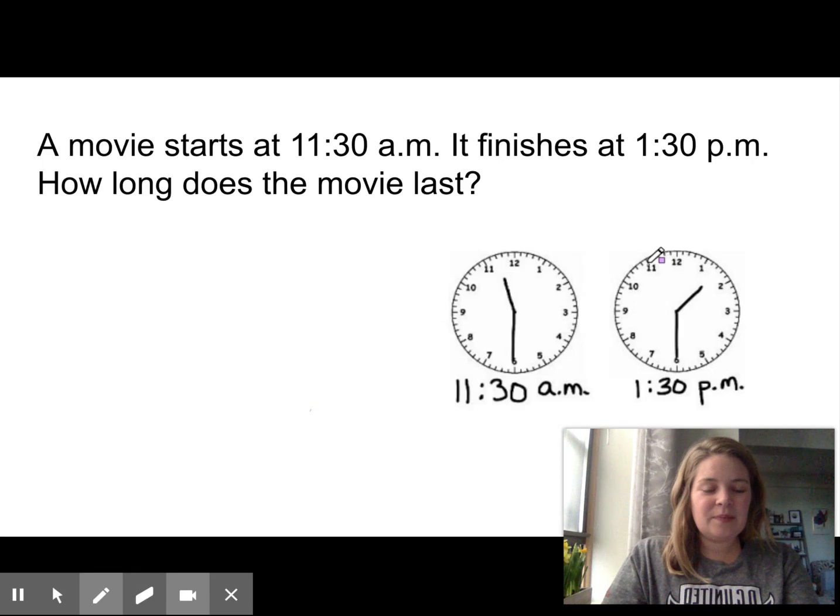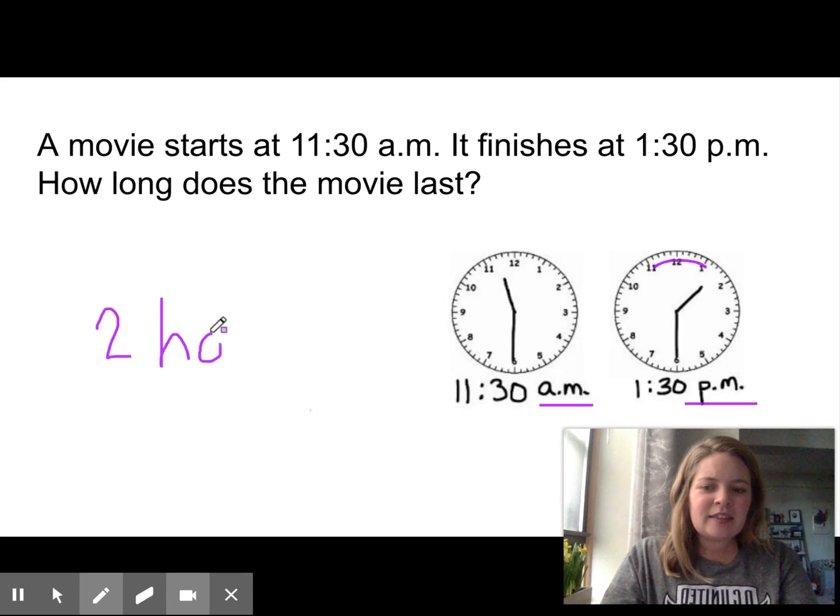So let's see. 1, 2. Just moves 2 hours. So the difference, even though it's going from AM to PM, is 2 hours. Does that make sense for how long a movie usually is? Yeah, a movie is usually about 2 hours long.